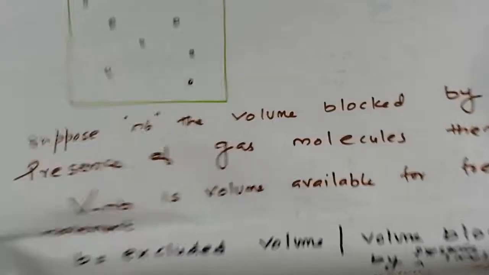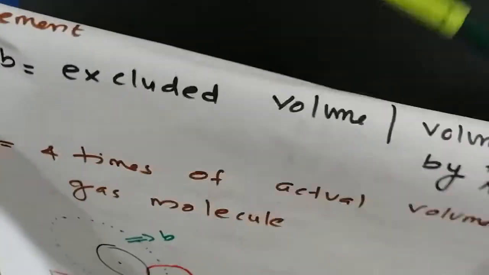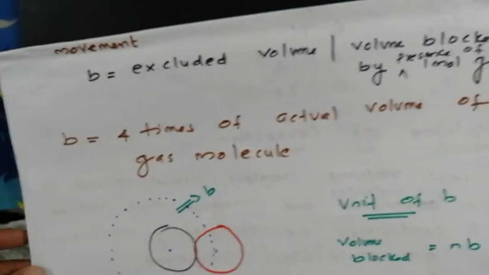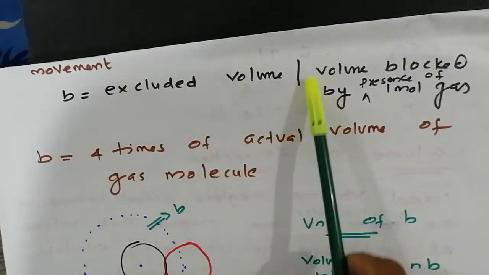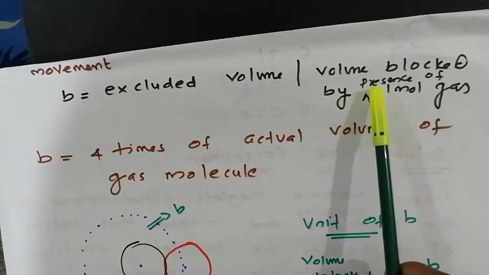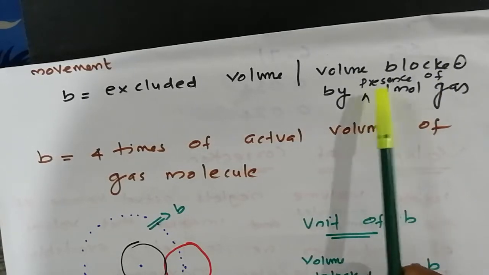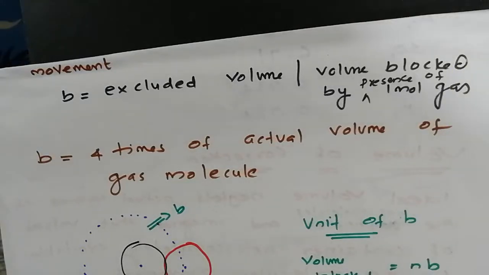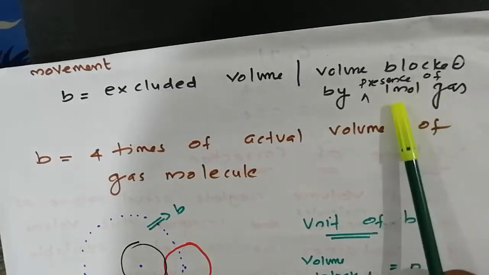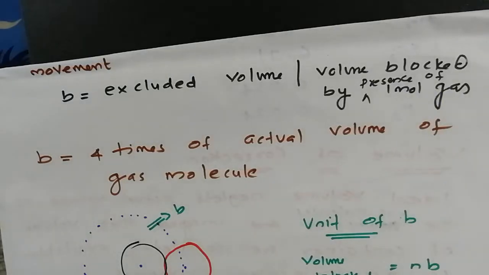What is the b? Tell me, what is the b? b is called the excluded volume, or volume blocked by the presence of 1 mole of gas molecules.